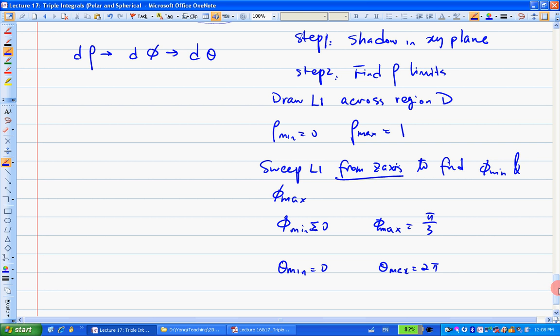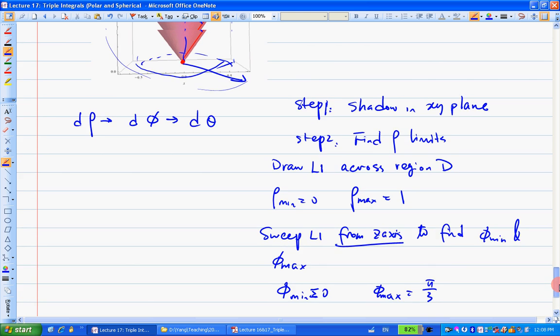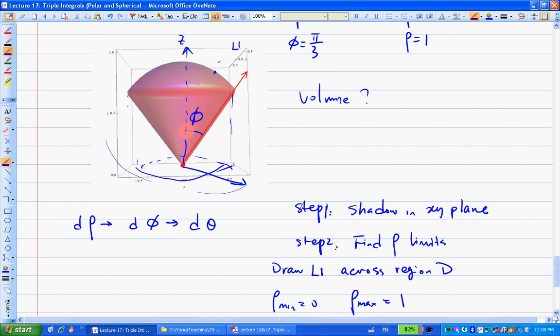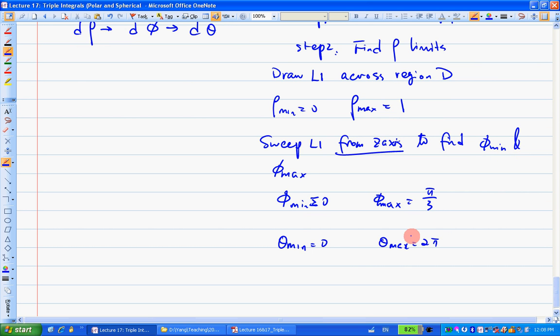I'm going to explain why I'm restricting phi from 0 to pi. You're saying to set theta from 0 to pi, and phi from negative pi over 3 to pi over 3, right?